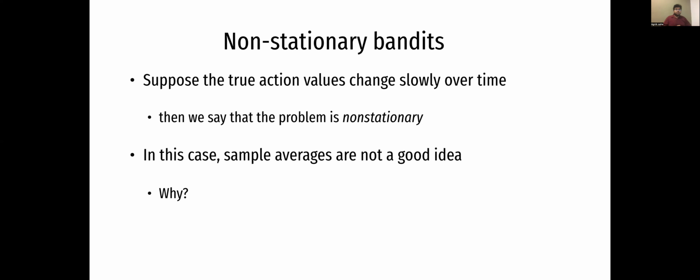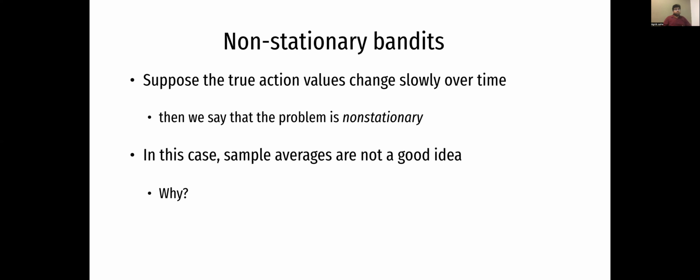Non-stationary environments are really common in real world applications such as financial markets and ad placement. Sometimes Google shows us some ads, so these ads are non-stationary. The optimal action can change over time.